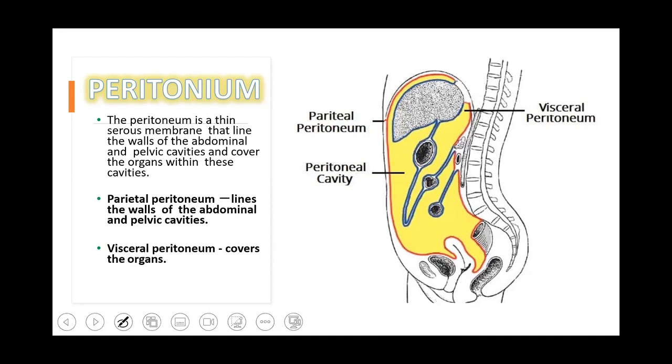The inner wall is lined by parietal peritoneum that is depicted by the red line, while the visceral peritoneum that is lining the organ is depicted by this blue line. You can see it is lining the abdominal viscera.